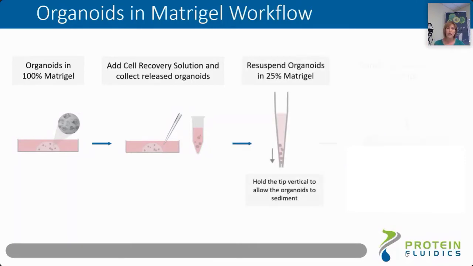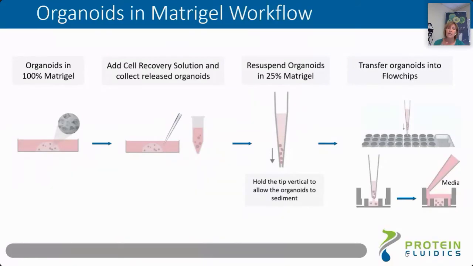And then what we need to do is aspirate this, pick up these organoids in really small volumes. So in our lab, we use a volume between 3 to 4 microliters, and it works very nicely. And the reason for that is to have your organoids positioned at the very end of the tip. And that makes it really easy to dispense them into the flow chip.